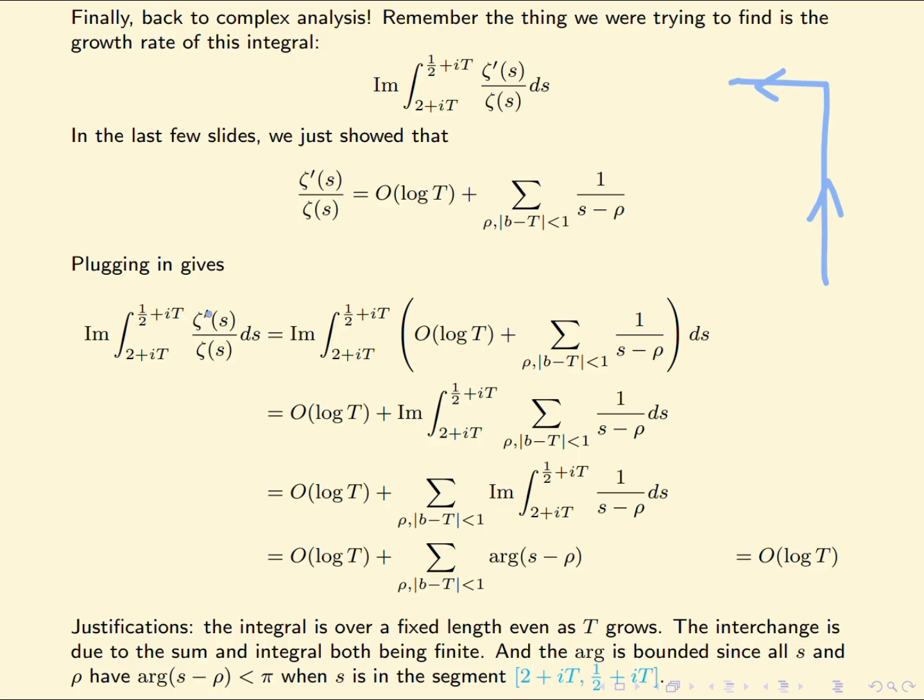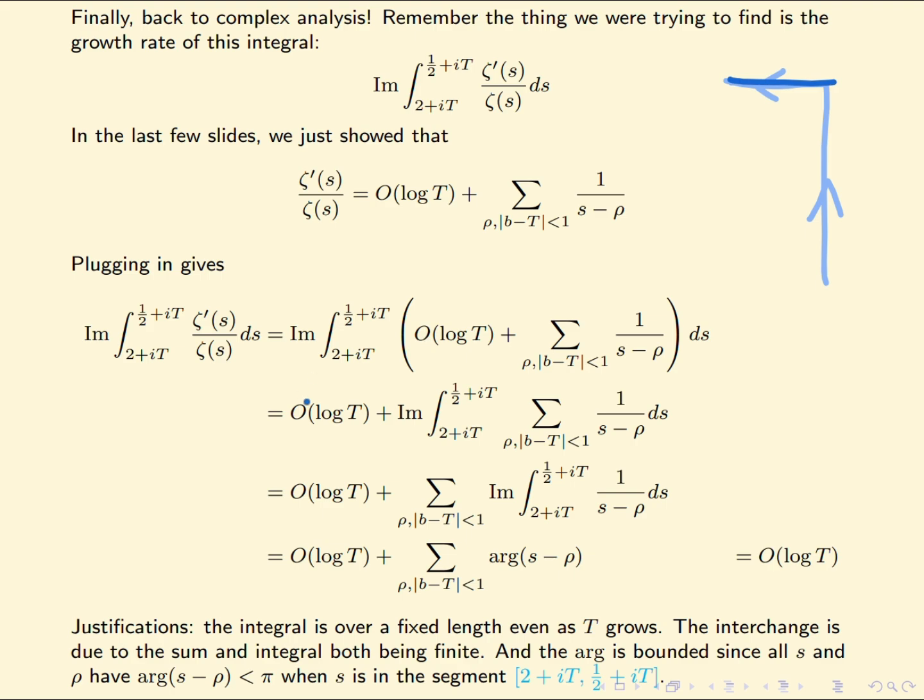I'm going to replace this zeta prime of s over zeta of s with this part, so it's O of log of t, plus this sum over the close by non-trivial zeros. Okay, and then this integral is over a finite segment, so the length of this segment does not increase as t gets higher and higher.